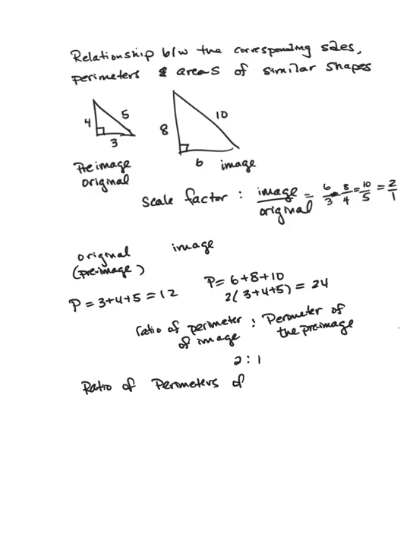Okay, ratio of perimeters of the similar shapes is the same as the ratio of the corresponding sides.